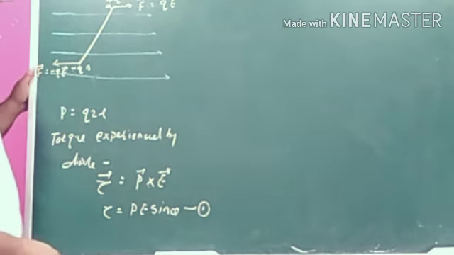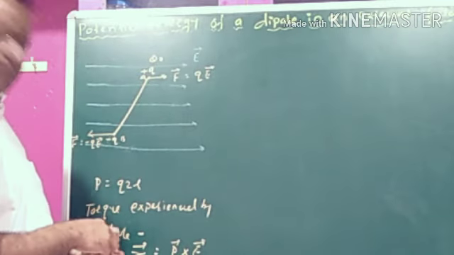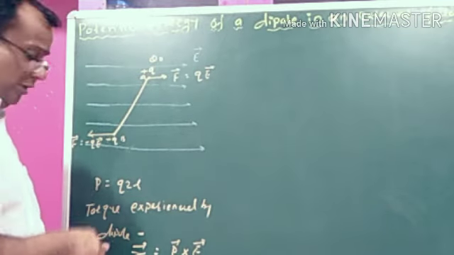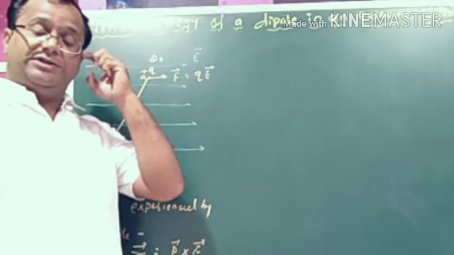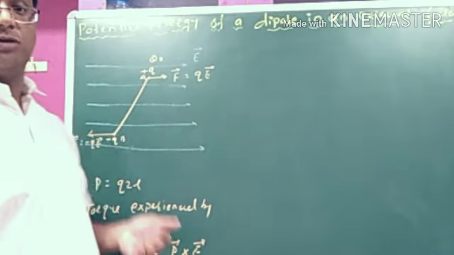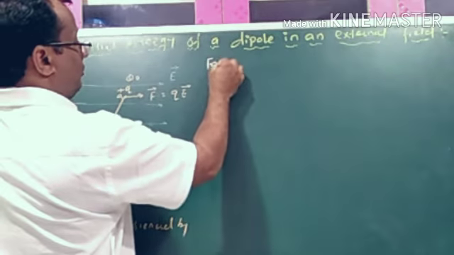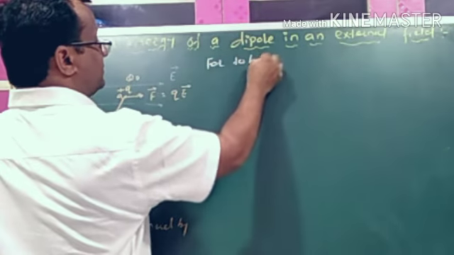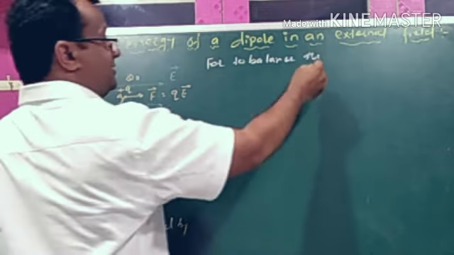Due to this torque the dipole rotates, but now we want to neutralize this torque. For that we consider another torque, called the external torque.